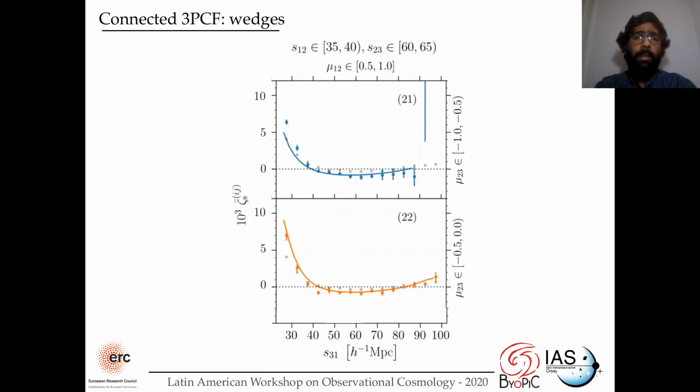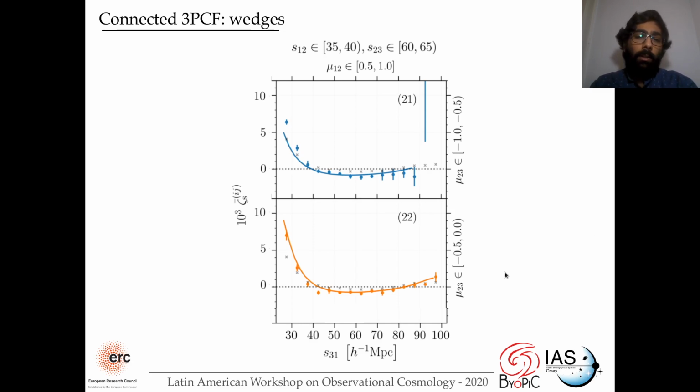Another thing we tried to do was to look at the 3-point correlation function using wedges, which has been used quite a lot for the 2-point analysis, whereby you compress according to the angles with respect to the line of sight. Here the columns represent the binning for mu12, the angle between the line of sight and the vector 12, which we have chosen between 0.5 and 1.